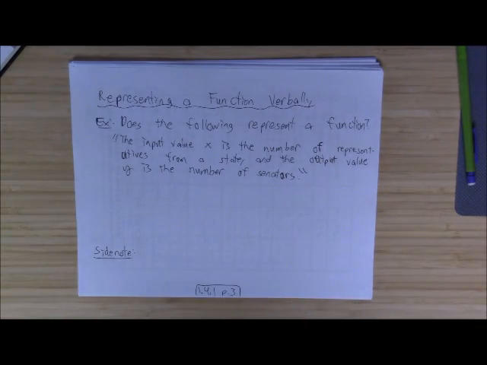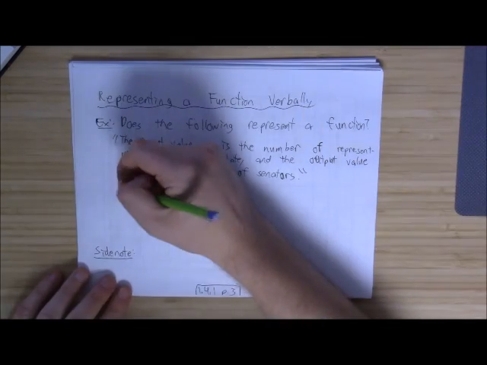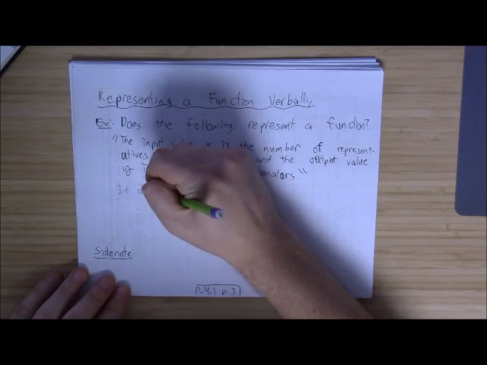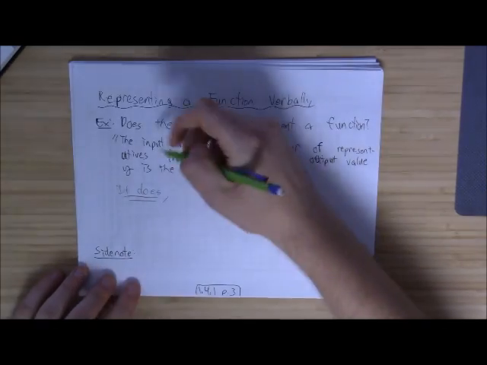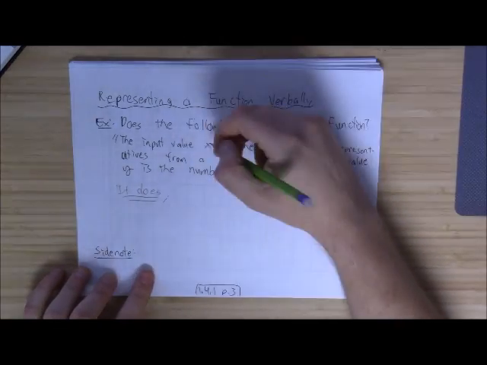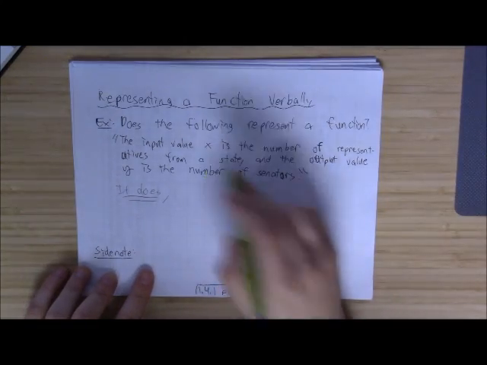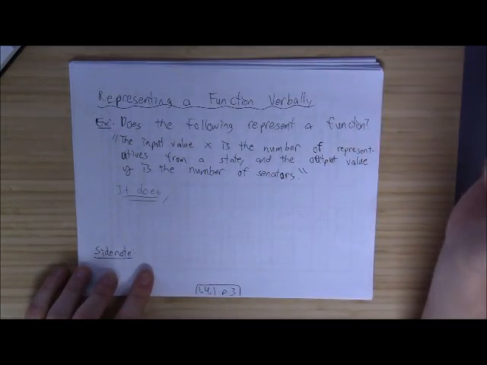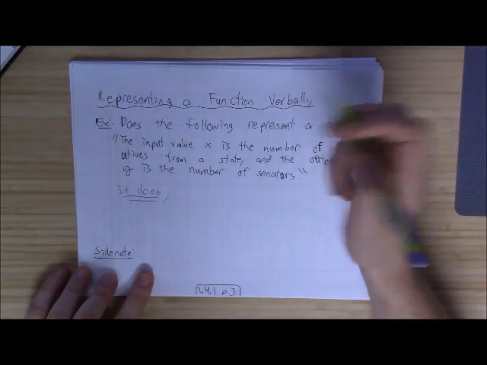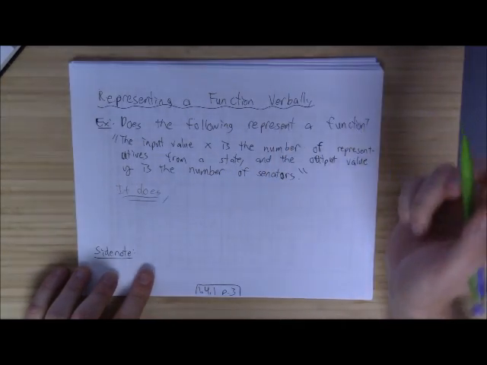So let's go through and look at each of these different ways of representing a function in detail with some examples. So first, verbally. For example, does the following represent a function? The input value x is the number of representatives from a state, and the output value y is the number of senators. Well, it turns out that it does. And the reason why is that every single input has a unique output to it, okay?